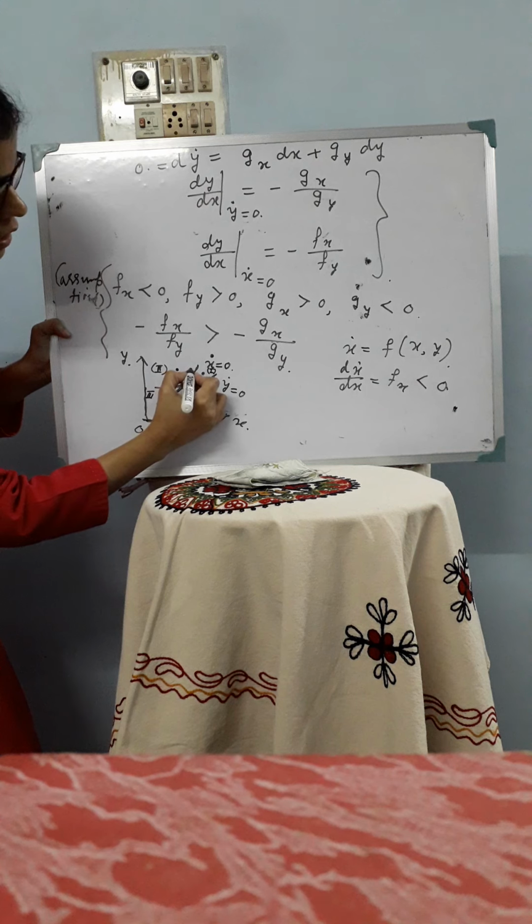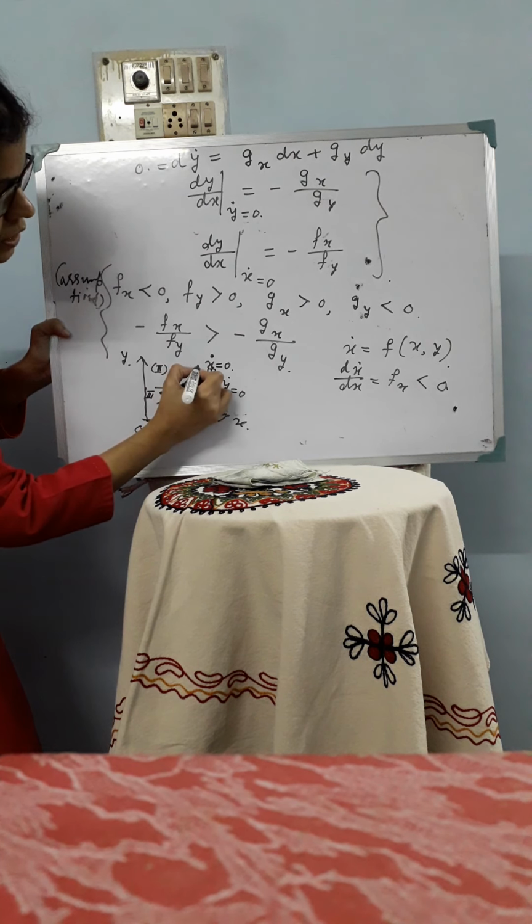So on this curve x dot is equal to 0. Now suppose we are crossing this curve from left to right. On this point the value of x dot is 0.